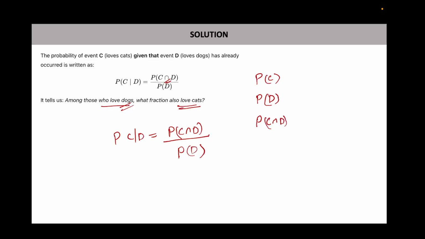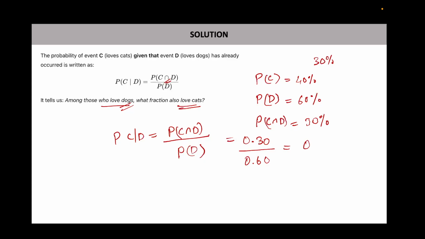Your probability of people loving cat and dog is 0.30. It was 30%. I'll write it here. The probability of cat was 40%. The probability of people loving dog was 60%. And people loving both cat and dog was 30%. So it is 0.3 divided by the probability of people loving dog, which is 0.6.